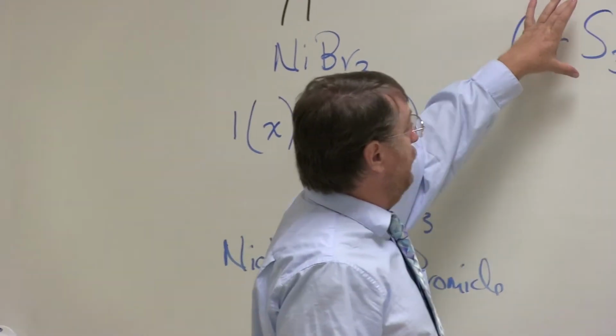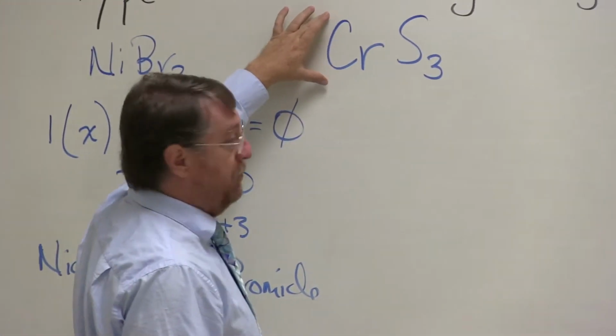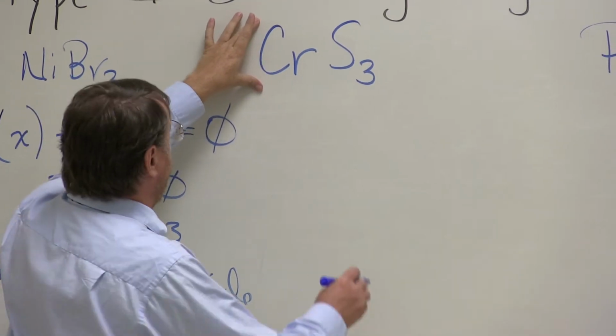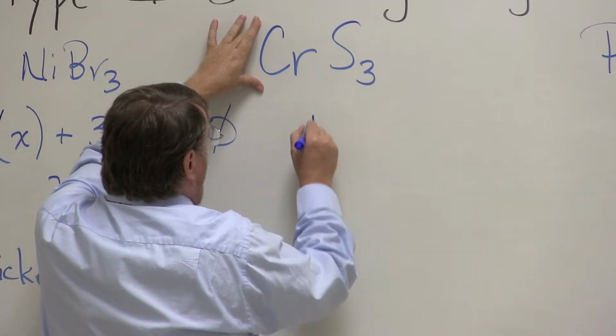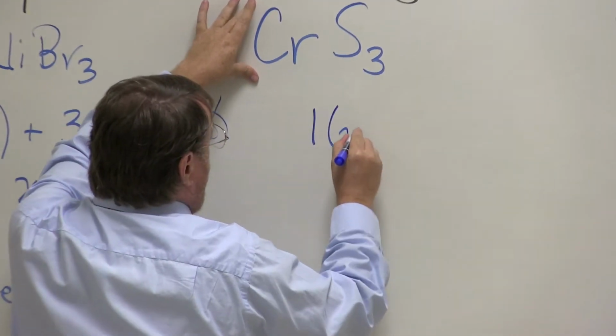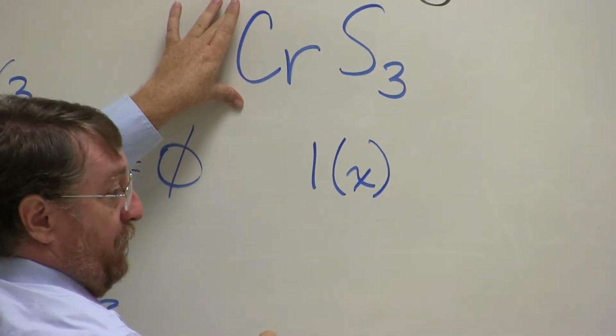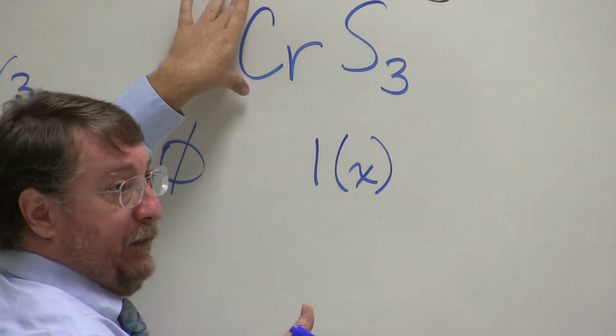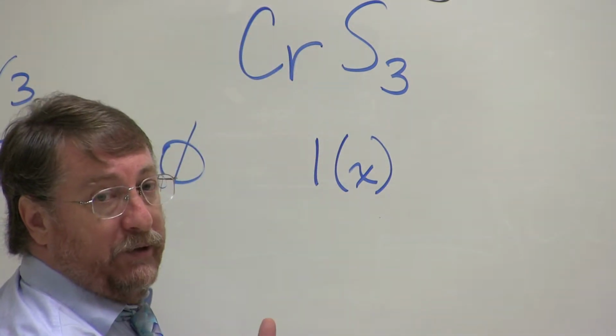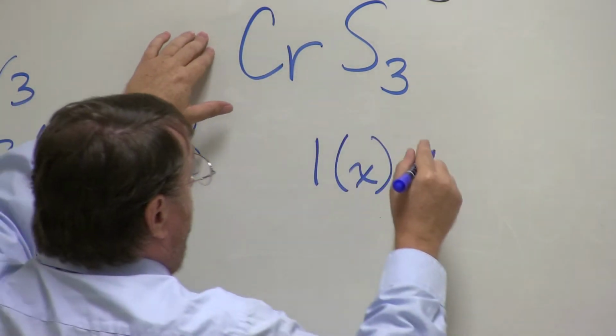Another example here, CrS3. Cr is chromium. Chromium takes on several charges. So we're going to have 1 chromium, unknown charge. We know the charge of sulfur. Sulfur is in oxygen's column. Oxygen's a -2 element. It's also a -2.